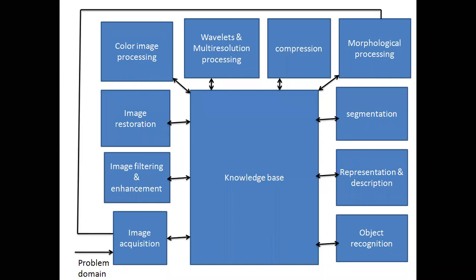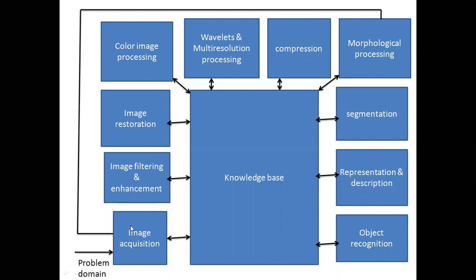Next thing, take a careful look over here. Right from this block till compression, the input would be image, and the output would be image. In some cases it may be attributes.